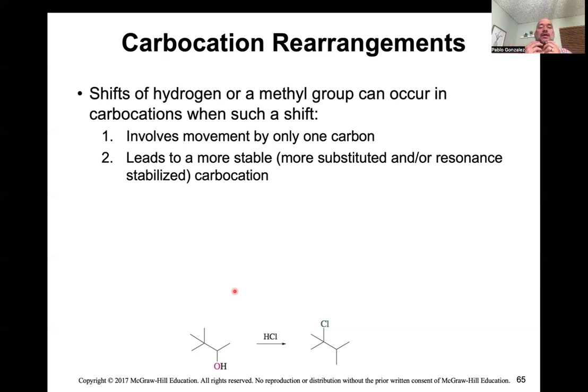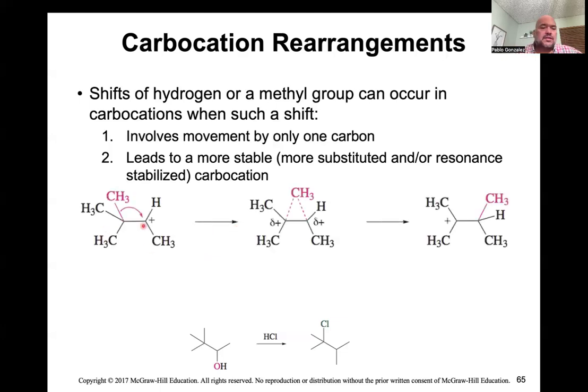Okay. So you need to always create a more stable carbocation when you move a hydrogen or a methyl group. So those are the two things that you always need to keep in mind. The movement is between two adjacent carbons, and it needs to create a more stable carbocation.